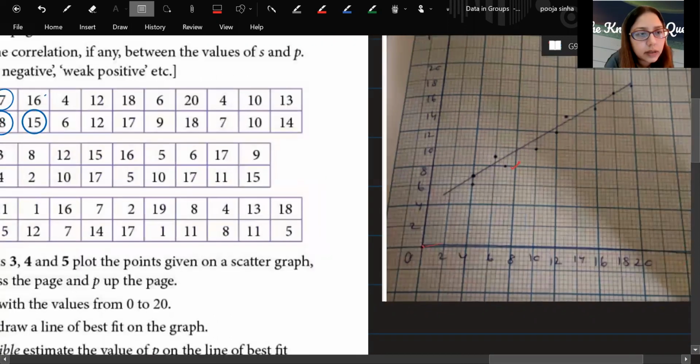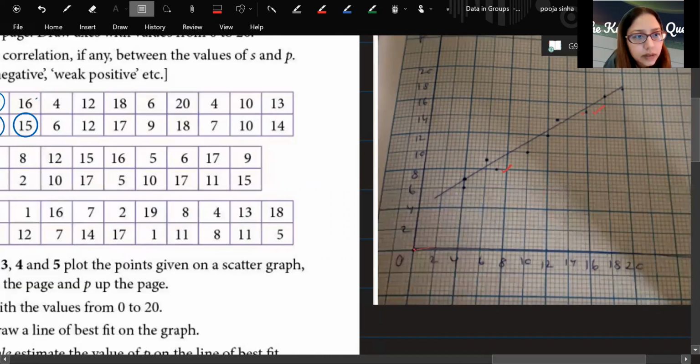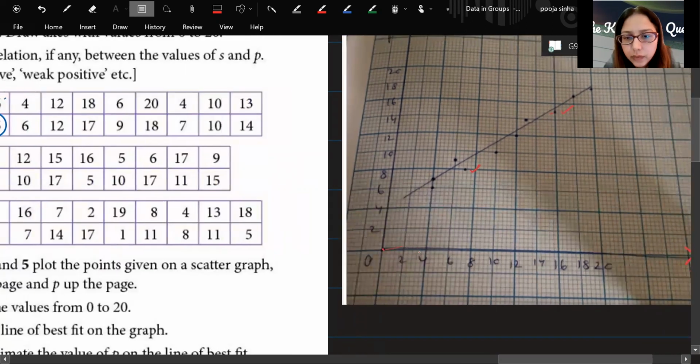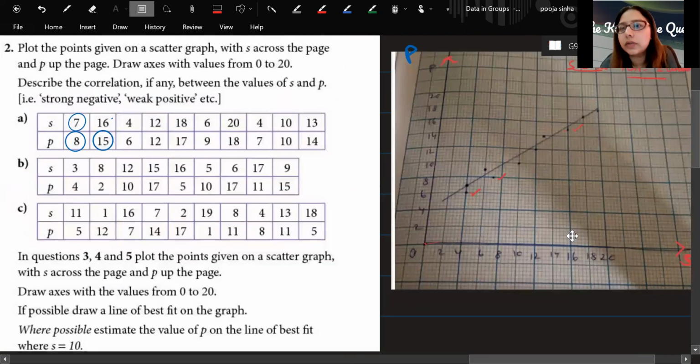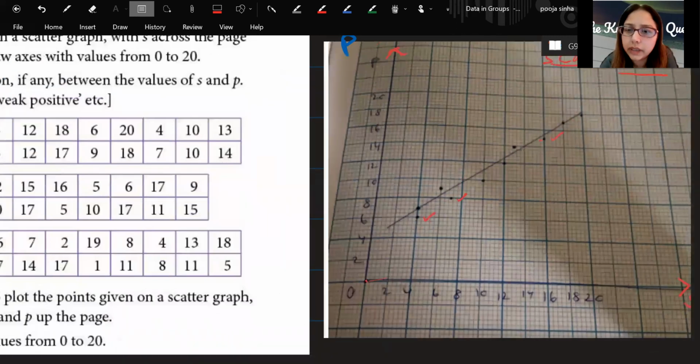The next one is 16, 15. 16 is here, 15 is here. This is fine. Third one is 4, 6. 4 is here and 6 is here. Fine. So looks to be fine to me. Then you made the line of best fit, which is also perfect.